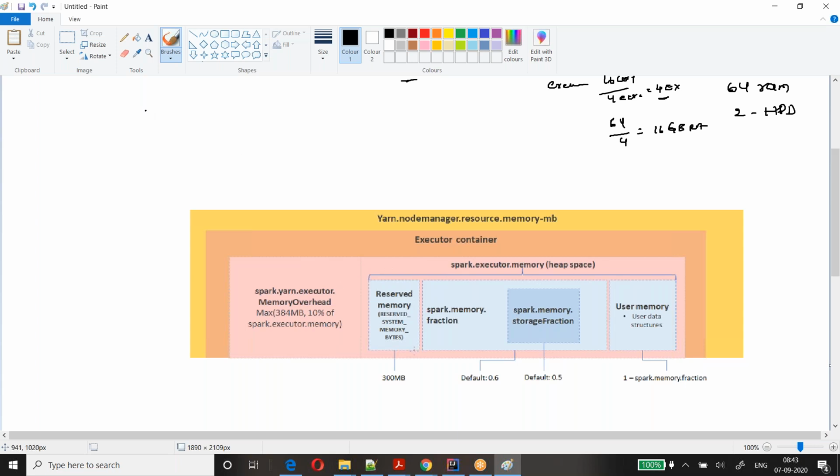In that, reserved memory is some 300 MB, and there is the Spark memory fraction, memory storage fraction, and default. This is your memory fraction, this is the memory storage, and this is user memory. This memory fraction is nothing but your execution memory. And you see the memory overhead here. I told you, 384 MB or 10%, whichever is higher.